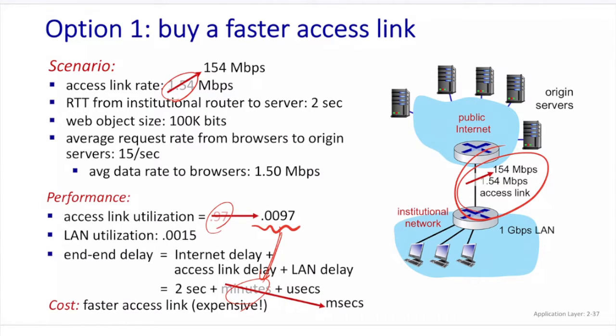Maybe it only takes a few milliseconds. However, you have to think about one thing. A faster access link is quite expensive. It is 100 times the cost if you upgrade your small link to a 100 times access link. So it is an okay solution, but it's quite expensive.